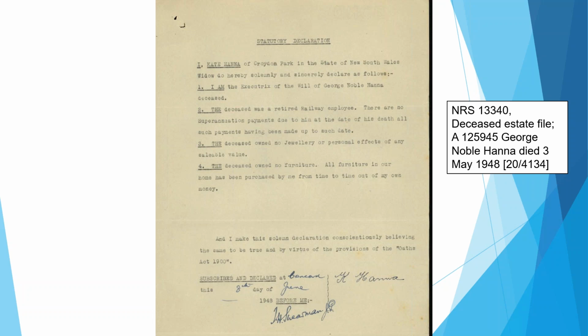Interesting that she states he had no jewellery, no personal effects of any saleable value, and owned no furniture. All the furniture was owned by Kate and had been purchased from time to time by her out of her own money. So that meant that they didn't have to pay death duties on the jewellery, any personal effects or any furniture. So you do see documents like that from time to time as well.